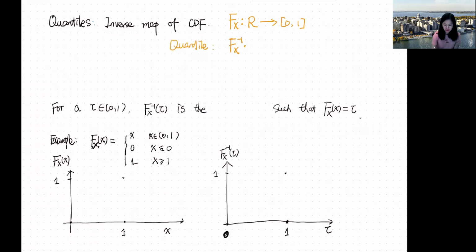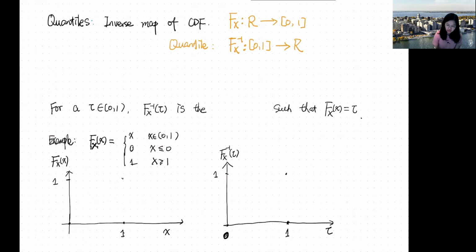The quantile function maps from 0, 1 to R. In fact, usually we don't take the closed interval, we take the open interval 0, 1 to R. The quantile function is the inverse function. It's defined on this open 0 to 1 interval, and it maps it to R. And how is it defined?